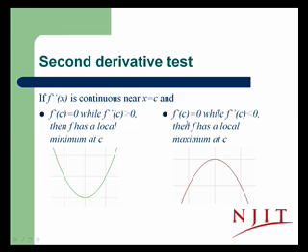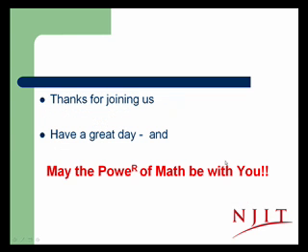If the slope is 0, but the second derivative is negative, meaning we're on a frown, the curve is concave down, then we must have a maximum. The slope is 0, so the curve is flat, but it's concave down, so therefore we must be at a maximum. So checking the second derivative at a point where the first derivative is 0 can tell us whether we're at a local maximum or at a local minimum.